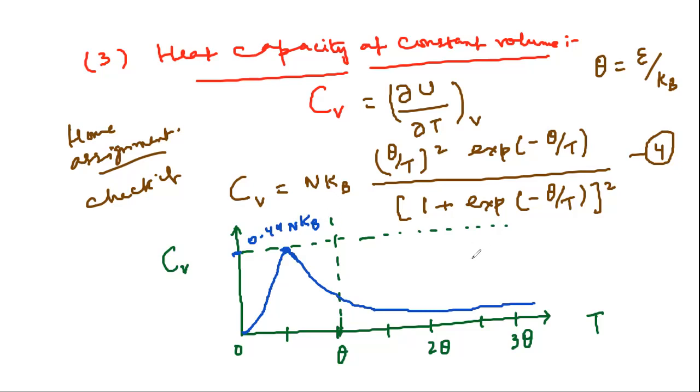Now we consider another property, property 4 of this assembly, that is entropy, S. Now how to obtain the entropy of this assembly in question?